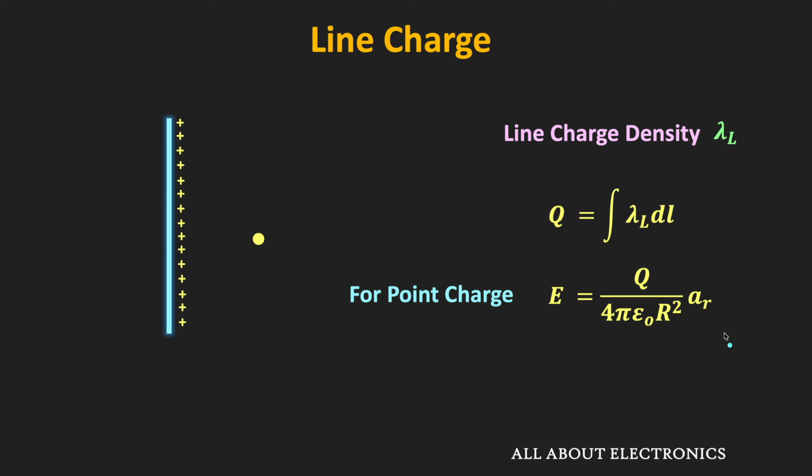This unit vector points towards the observation point at which we are finding the electric field intensity, and we know that the unit vector AR is equal to the vector R divided by the magnitude of R. That is the electric field intensity equation for the point charge.